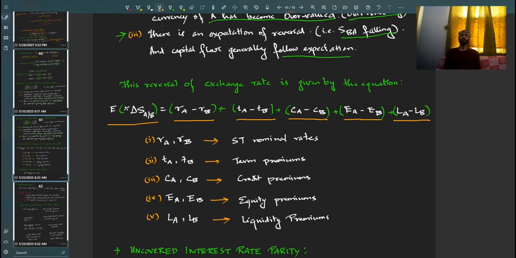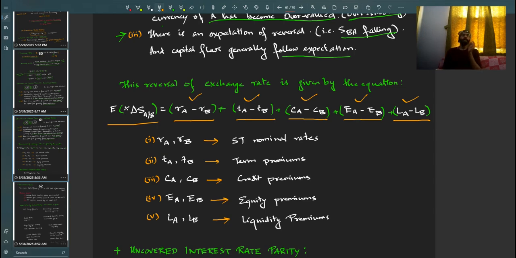Now initially what happened is the investor finds that the nominal short term rate differential is positive. Maybe the term premium is also positive. Maybe the credit premium is also positive. Maybe the equity premium is also positive. Maybe the liquidity premium is also positive. Or maybe some of them are positive and some of them are negative, but in total the return is positive.